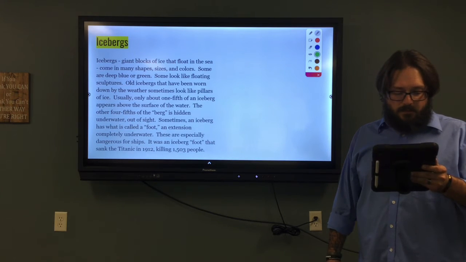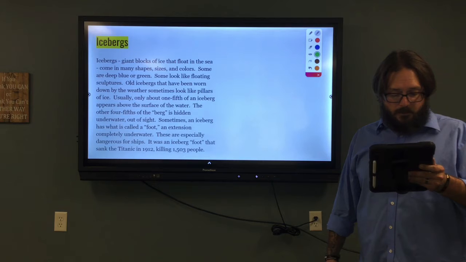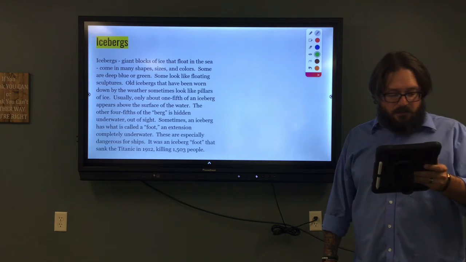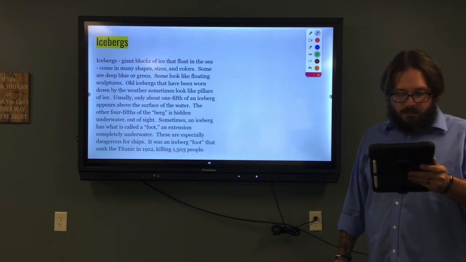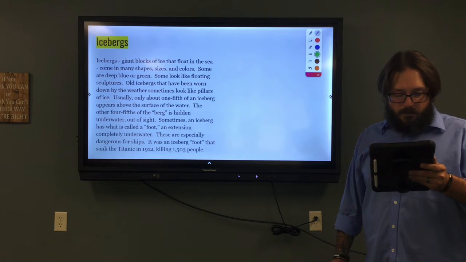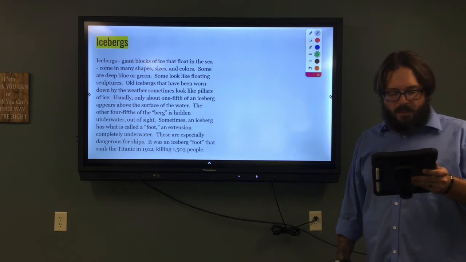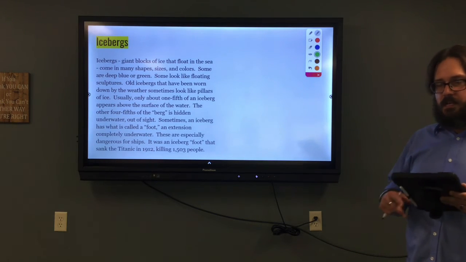The other 4/5 of the berg is hidden underwater out of sight. Sometimes an iceberg has what is called a foot, an extension completely underwater. These are especially dangerous for ships. It was an iceberg foot that sank the Titanic in 1912, killing 1,503 people.